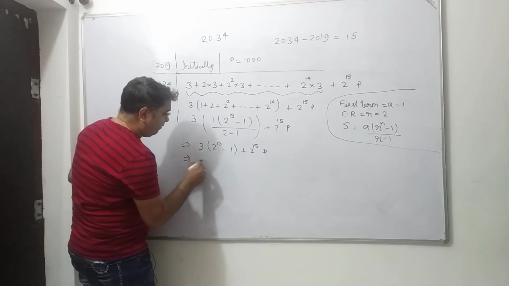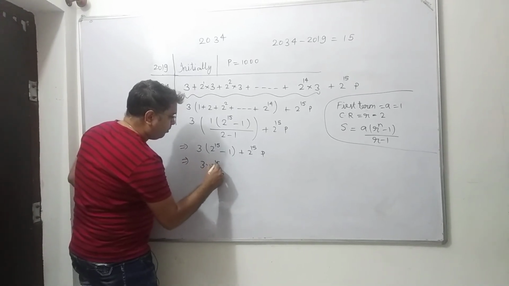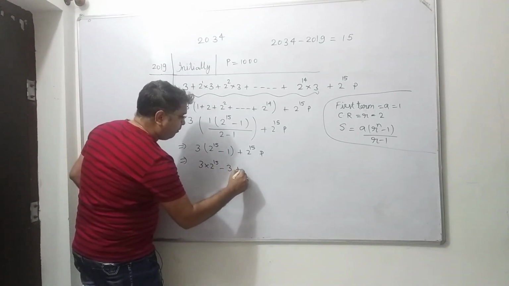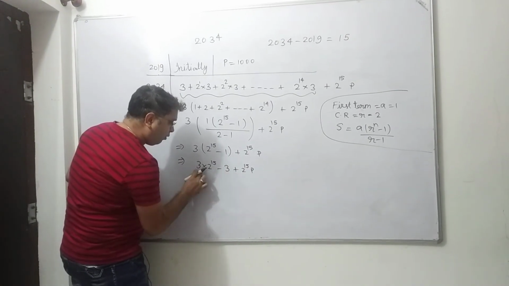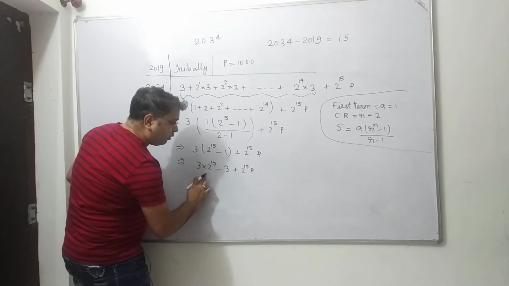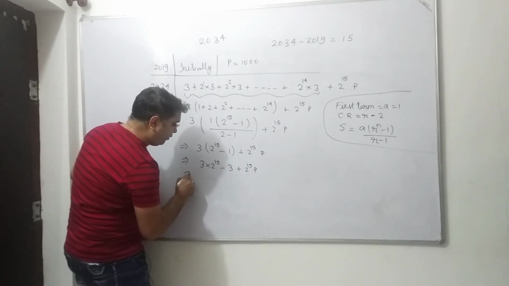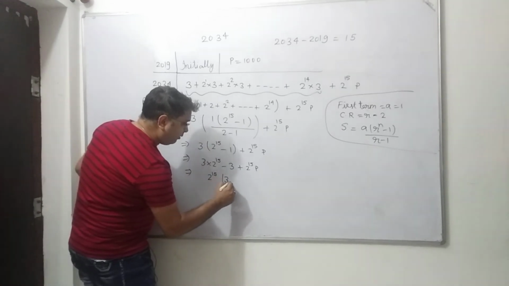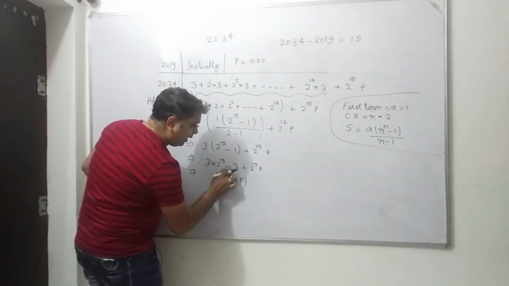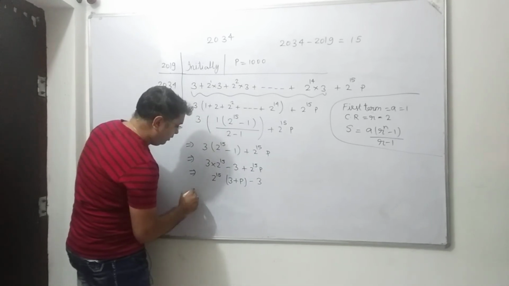Now we will multiply inside: 2 into 2 to the power 15 minus 3 plus 2 to the power 15 p. Now there is a common part in this. What is the common part? 2 to the power 15. So we will take 2 to the power 15 common, and inside there is 3 plus p, and the minus 3 stays the same.